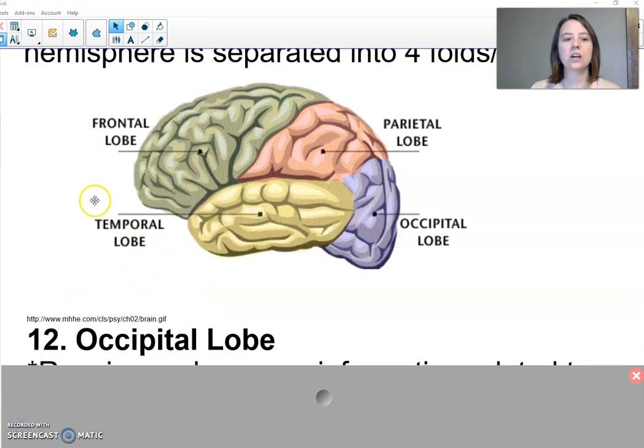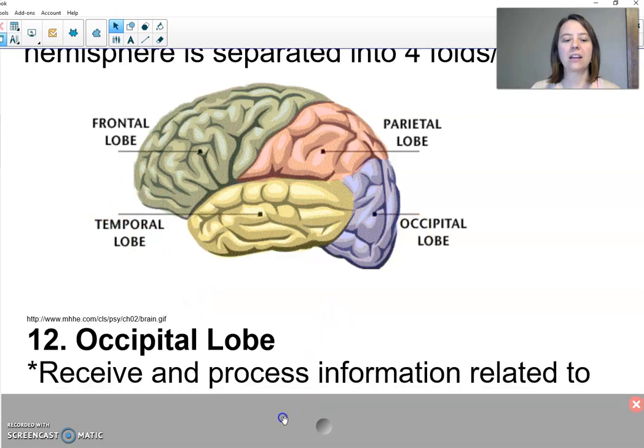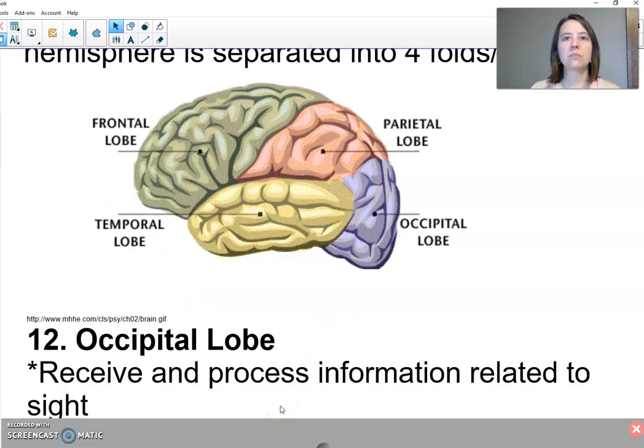So the first one we're going to talk about is we're going to start all the way in the back, and that is the occipital lobe, and it receives and processes information related to sight. So information from your eyes goes in and goes all the way back to the back of the brain where it gets processed.